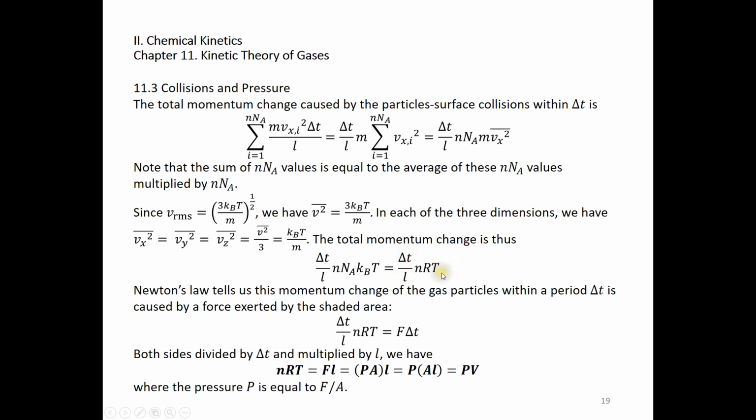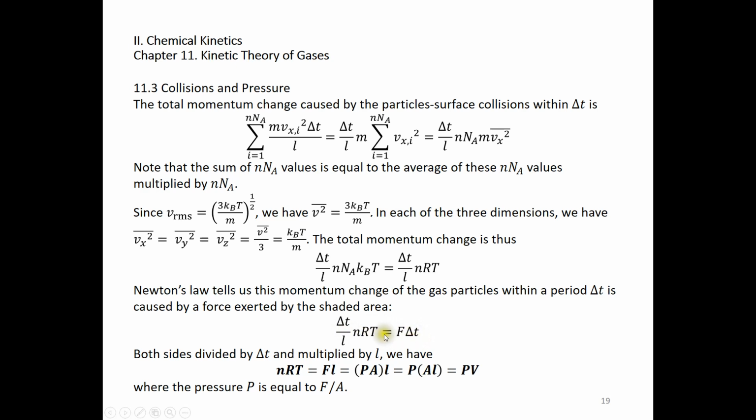That's the total momentum change of all gas particles caused by the collisions between these particles and the A1 shaded area. And Newton's law tells us we can't just change the momentum of the particles without any force. We need a force, and we need a period when this force is exerted on those particles. So this momentum change is due to the force during this time period. Now you can see we have delta t on the left and right sides.